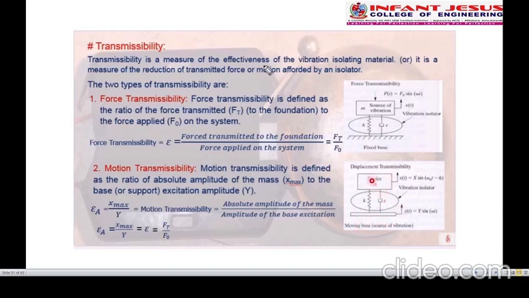That is, how much vibration is received by the device from the source. It is written as eta equal to x max by y, like Ft by F0, where the numerator is the displacement transmitted to the device and the denominator is the base excitation from the source.